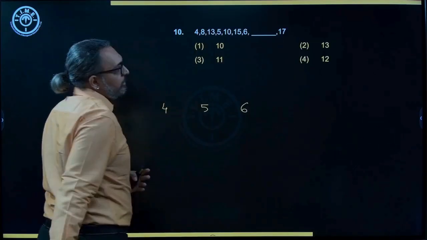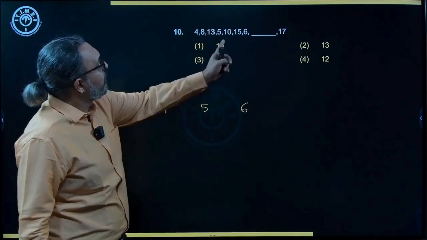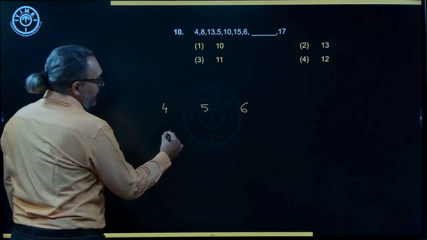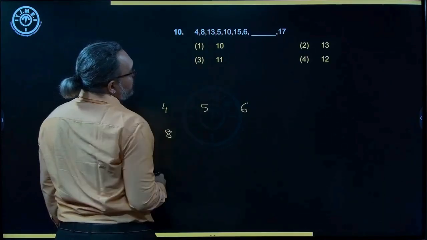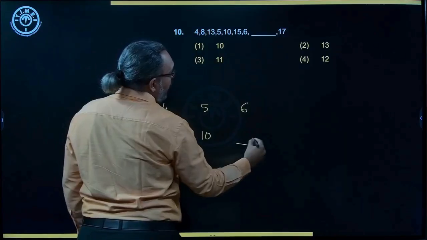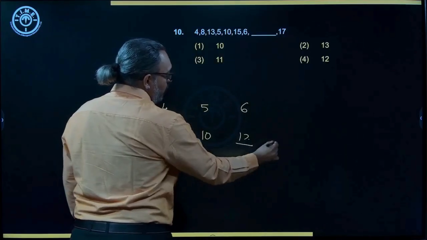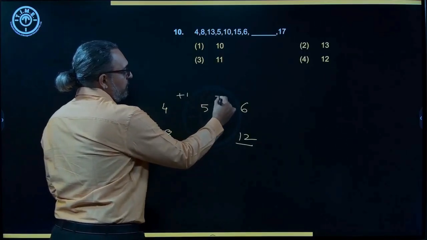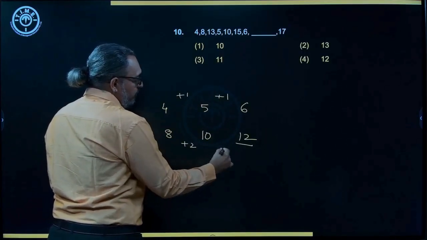So then you will get 7. Means after 17 you will get 7. Then if I take the next second number 8, then alternately you have 10, then alternately you have a blank, correct, which is nothing but 12. So this is all consecutive numbers. So we have +1 +1. So this is all +2 +2.